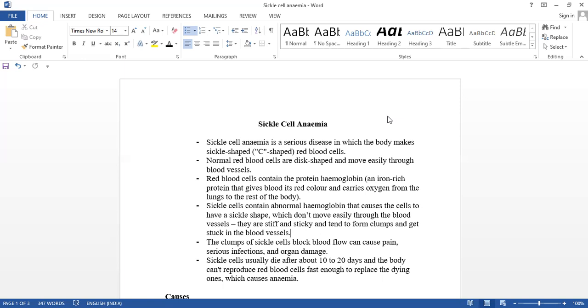Understood this one? Sickle cell anemia means the body makes sickle-shaped RBCs.